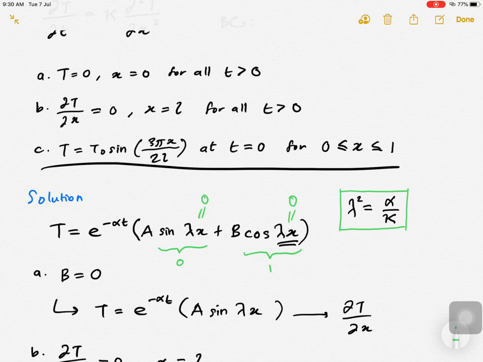So we have eliminated this component, but we are unable to eliminate this one because this is 1. Therefore B needs to be 0. From this boundary equation, we know that B is equal to 0.